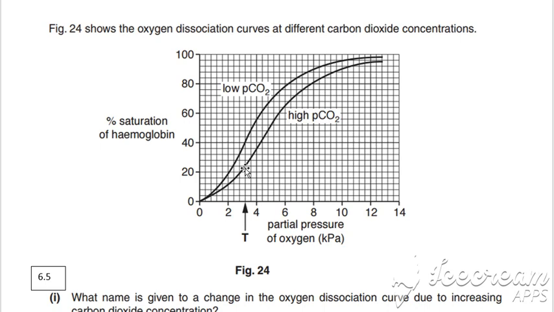The reason why it unloads it is because if there is more carbon dioxide present, then this is going to make the blood more acidic due to the presence of hydrogen ions, which means that then the hemoglobin is going to unload that oxygen. So at the same partial pressure, the partial pressure of T, it has a lower affinity for oxygen, therefore it's going to unload more oxygen.